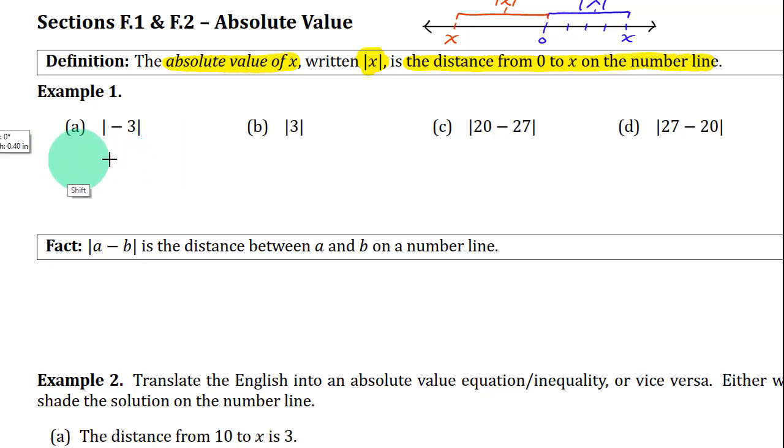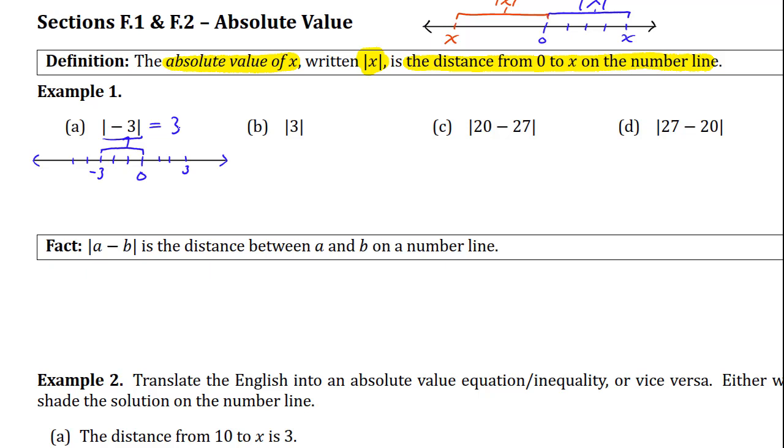All right, so the absolute value of -3. If here is 0 on a number line, we're going to get the distance from 0 to -3: -1, -2, -3 over here. So this distance is the absolute value of -3, and that is 3 units, because -3 is 3 units away from 0 on a number line.